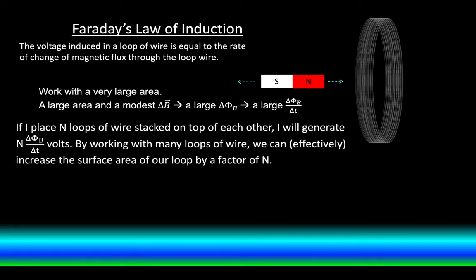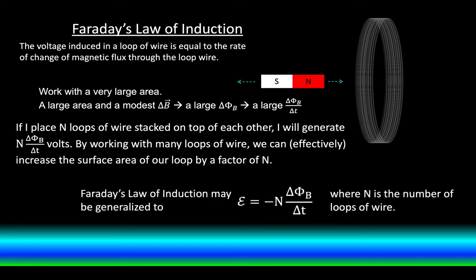So we took Faraday's law, which tells us how much voltage we create in the wire, and we just generalized that equation to allow us to possibly have more than one wire. So the amount of voltage we create is equal to the rate of change of magnetic flux times the number of loops of wire we have.